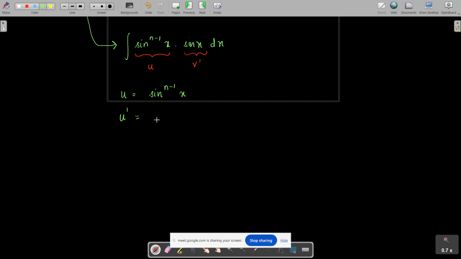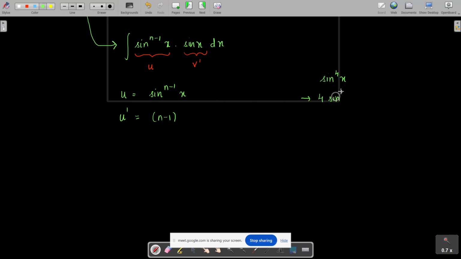The n minus 1's killing me. Okay, sine to the power n minus 1. I know the derivative of sine is cosine, but is it n minus 1 times cosine x? Yeah, that's right, and you're missing just one thing. So let's do it simply. If you have this sine 4x, then what would be its derivative? 4 cosine. And we will reduce the power of sine as well.